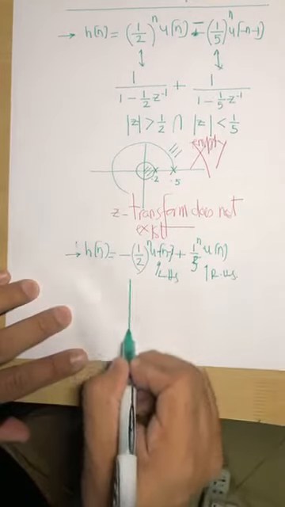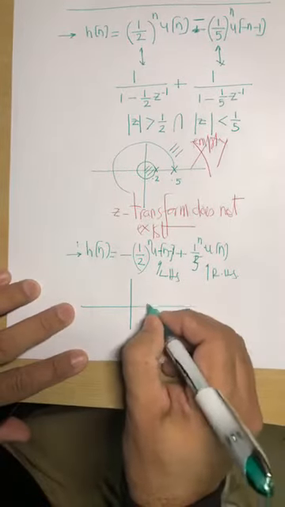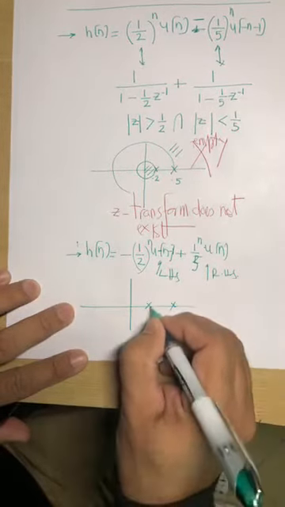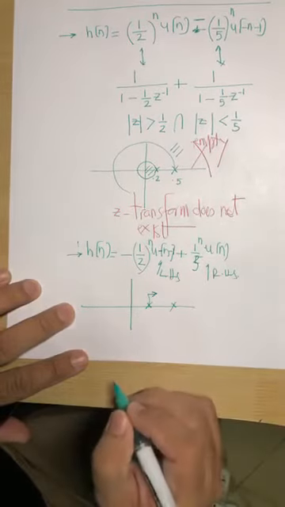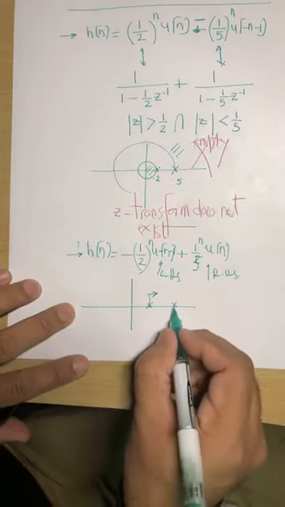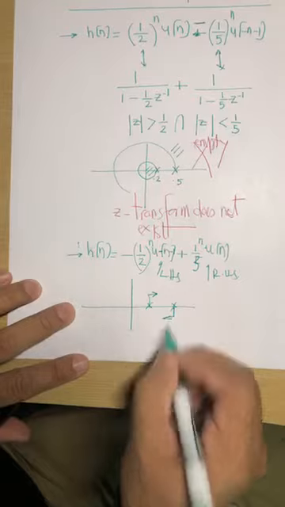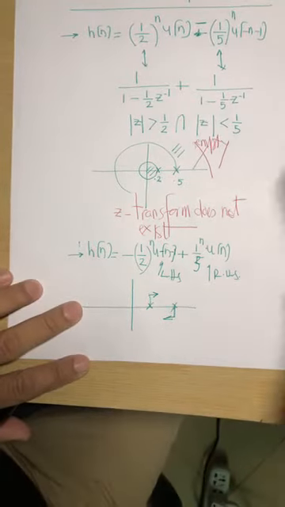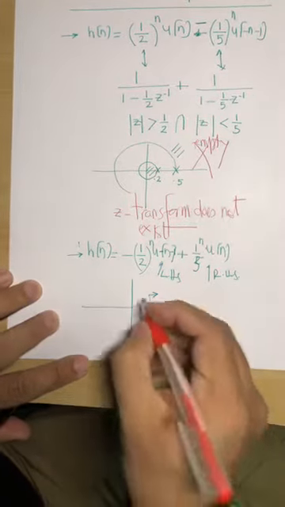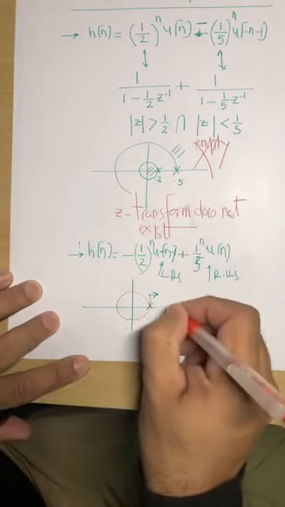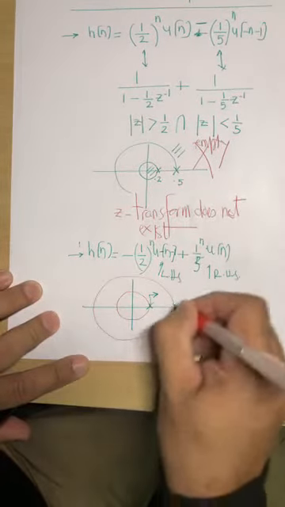Now the pole 0.2 is outside the pole, and for the left hand side it is inside the pole. And once you plot, now the region of convergence will be in the shape of a ring.